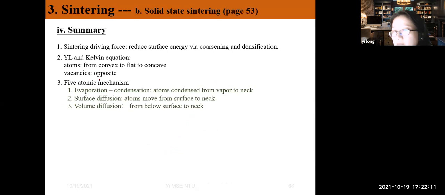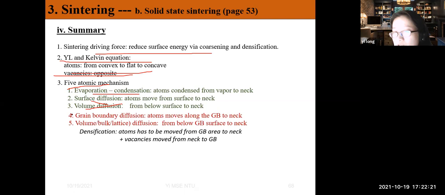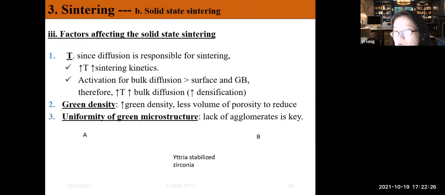Summaries. Driving force, which stays, two routes, coarsening and densification. Gas of excretion tells you this. Five atomic mechanisms: P1 to P3 are coarsening, and P4 and P5 give you densification. Then we also have factors like temperature. Again, this comes from all the calculations, used as a guideline.